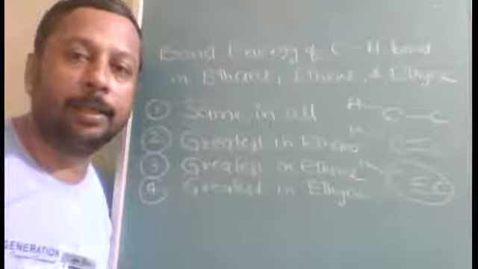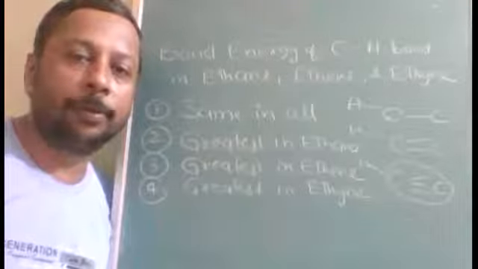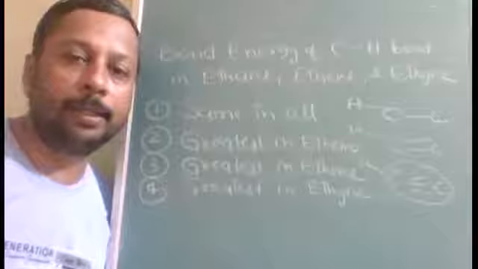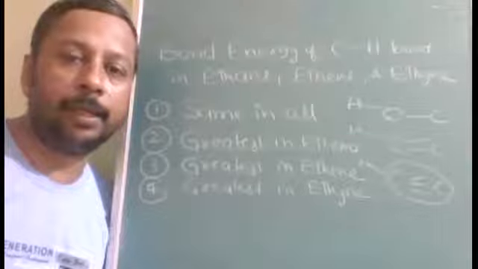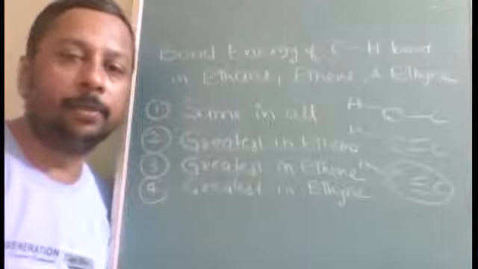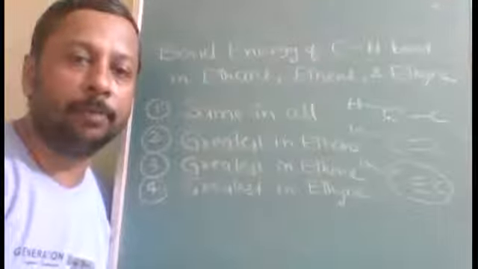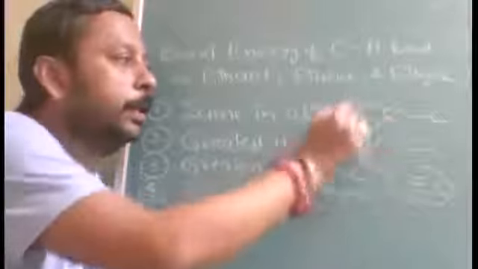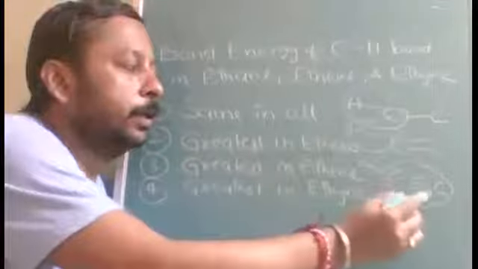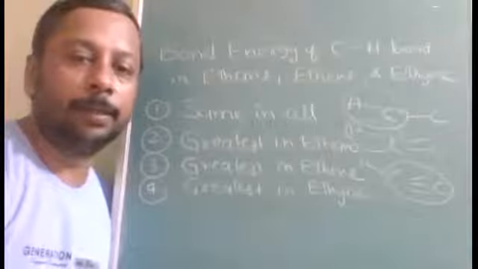Ethane, ethene, ethyne. The first option is same in all, second is greater in ethane, third is greater in ethene, and fourth is greater in ethyne. Is the question clear to all of you? It is ethyne, ethene, ethane. So what can be the answer?